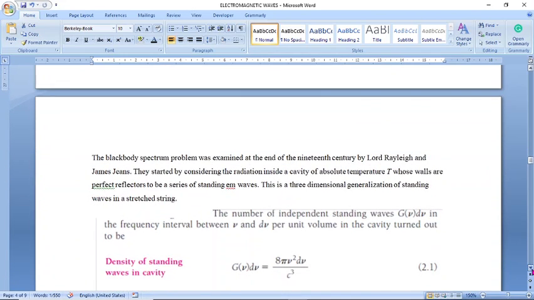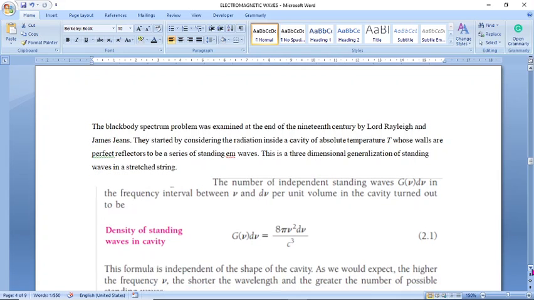And the black body spectrum problem was examined at the end of the 19th century by Lord Rayleigh and James Jeans.